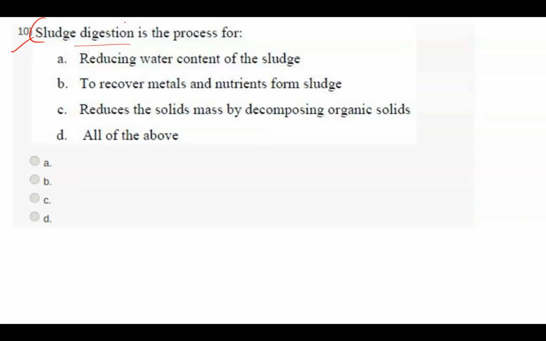Yes, it reduces solid mass by decomposing organic solids.